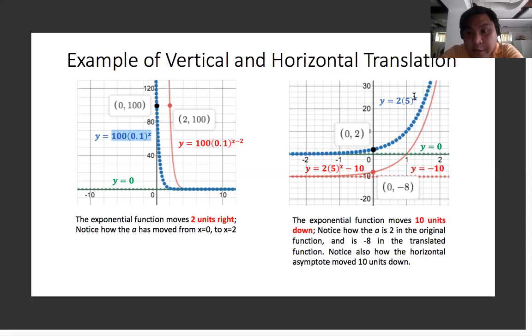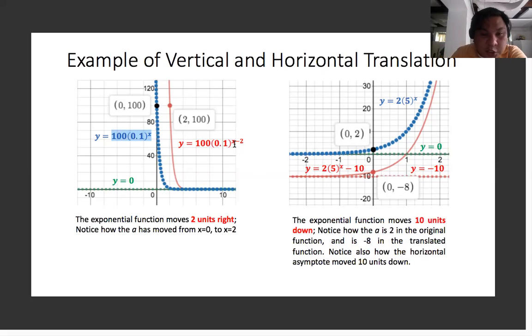Now, we're going to apply vertical and horizontal translation to them. We're going to apply horizontal translation to the graph on the left, while vertical translation on the graph to the right. To apply a horizontal translation, the exponent x has to be appended with either a plus or a minus operation with a particular number.